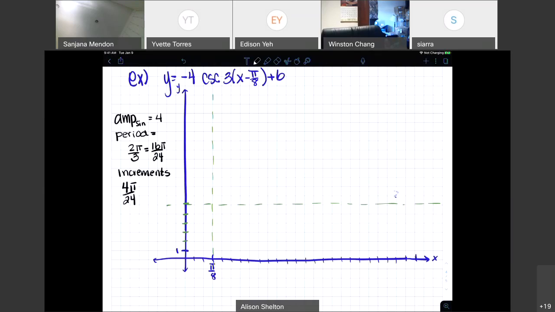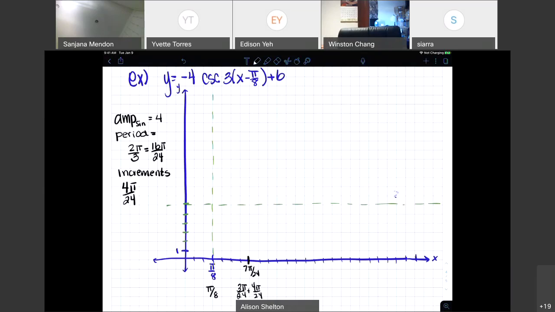So we start at pi over 8, and then 1, 2, 3, 4. See, we have pi over 8 as an increment, and this is pi over 8, which is 3 pi over 24. 3 pi over 24 plus 4 pi over 24 means that this point right here is 7 pi over 24.